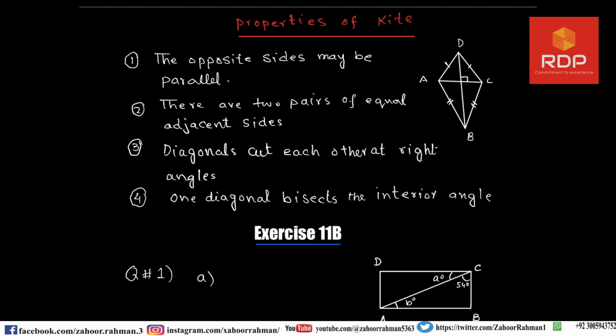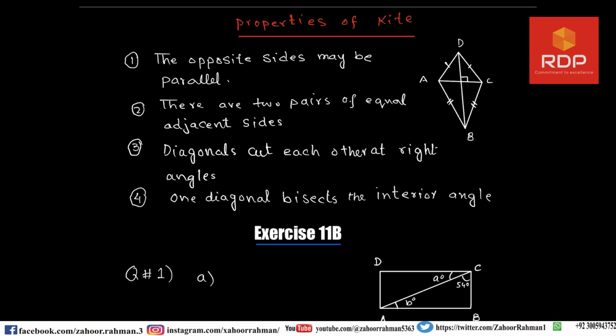The second property is there are two pairs of equal adjacent sides. Now this side is equal to this side and this side is equal to this side. They are adjacent sides. That is why the second property says there are two pairs of equal adjacent sides.